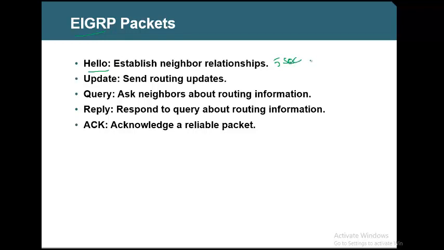And if a neighbor is not sending hello for 15 seconds, the neighbor is going to be considered dead. 5 and 15. We know the usage of hello packets. They are used to establish new neighbors as well as recover neighbors.